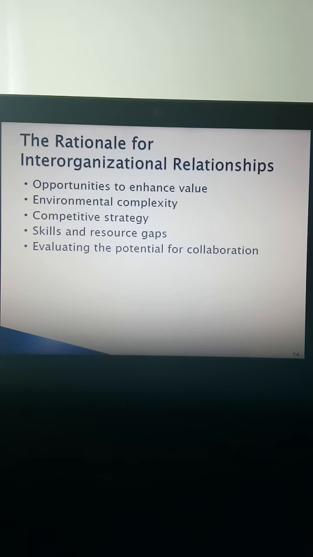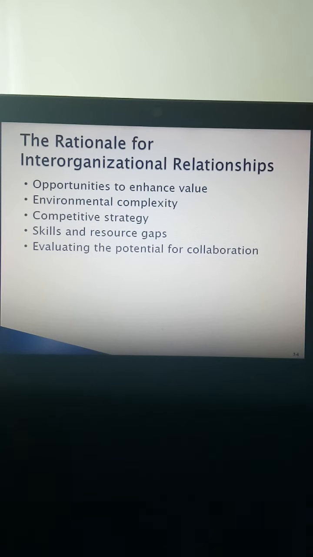When networks of alliances and partners develop, the potential for partners to have conflicts of interest will be a big challenge. Therefore, it is worth answering a few questions before collaborations are made. This is how we evaluate the potential for collaborations.